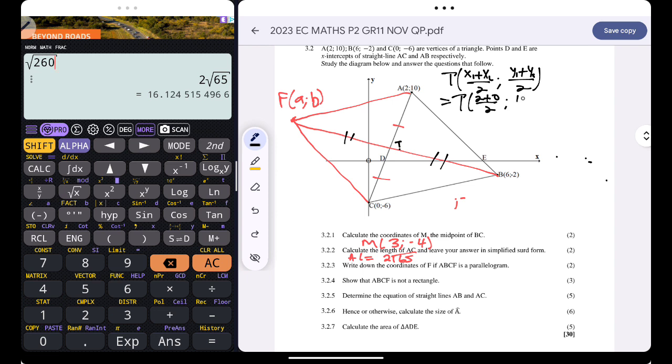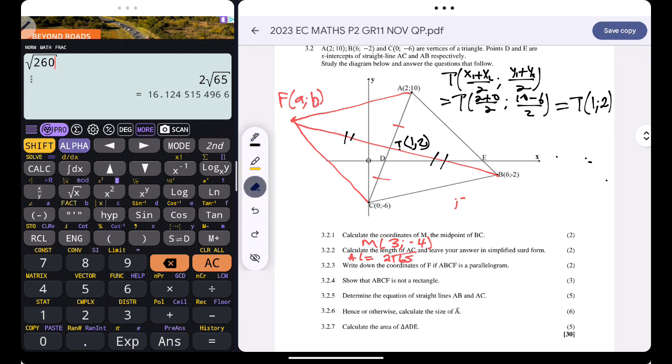And then 10 minus 6 all over 2. Therefore, the coordinates of T are 1 and 2. That's the point where the diagonals intersect one another.